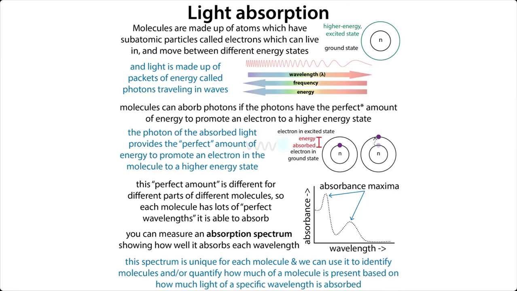Because those electron floor plans are different for different molecules, by doing a scan to see what wavelengths it absorbs and how much, you're able to tell what molecule you have. And then if you know a value called an extinction coefficient, you can calculate the concentration based on how much it absorbs, given that the more of the thing that you have, the more of the light that you're going to steal, and therefore the higher the absorbance you'll see.